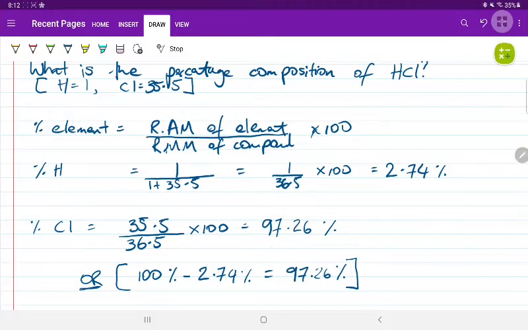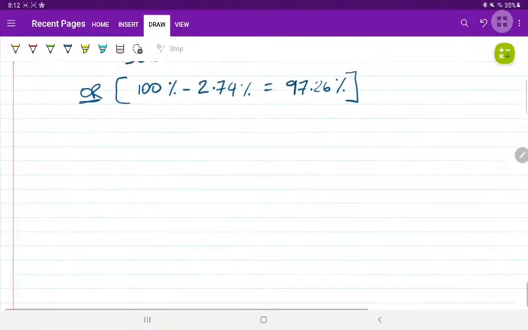So when you add up the percentage compositions for each element, you should get 100 or pretty close to 100. Depending on the level of rounding off, you may end up getting like 99.99. But it should be approximately 100. All right? Let's do one more.